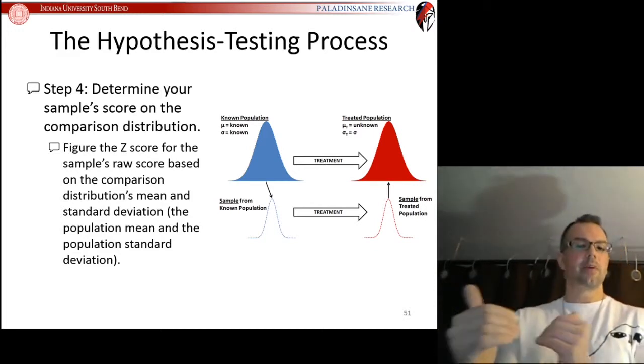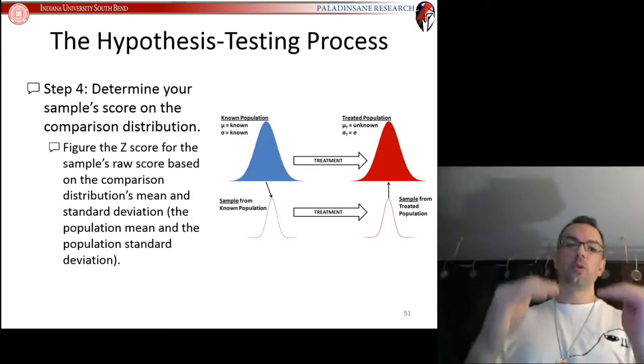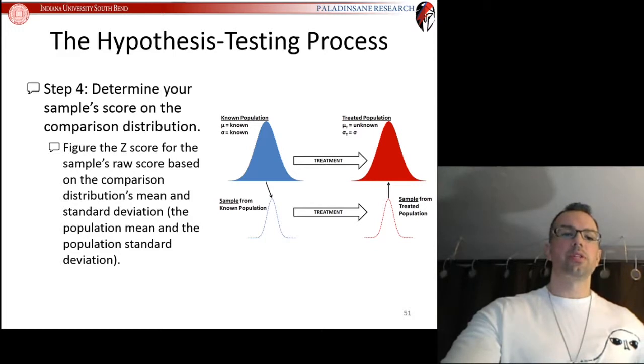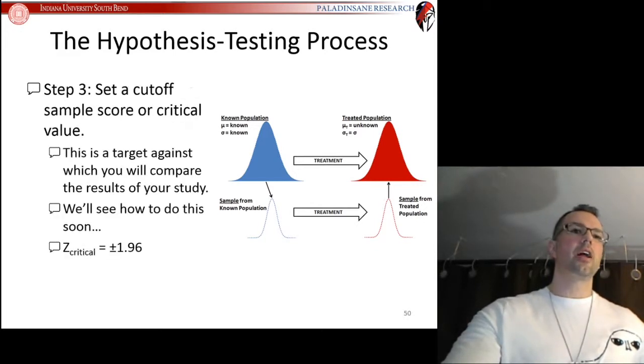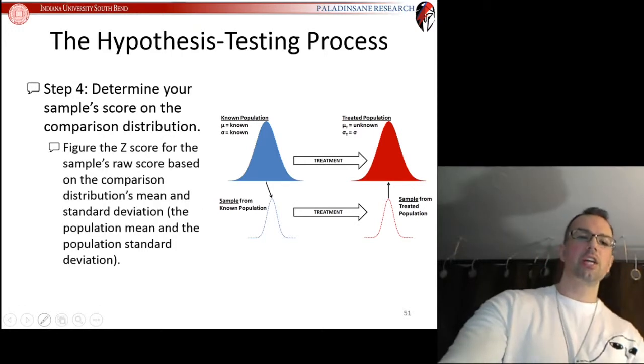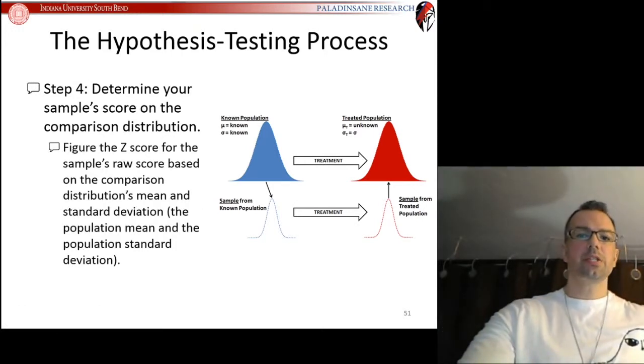But if we want to be able to use that appendix number 1, which is in terms of z-scores, we have to change our sample score into a z-score. And we also have to do this because on step 3, our cutoff scores are in terms of z-scores. So step 4, we have to take our sample mean and change it into a sample z-score.